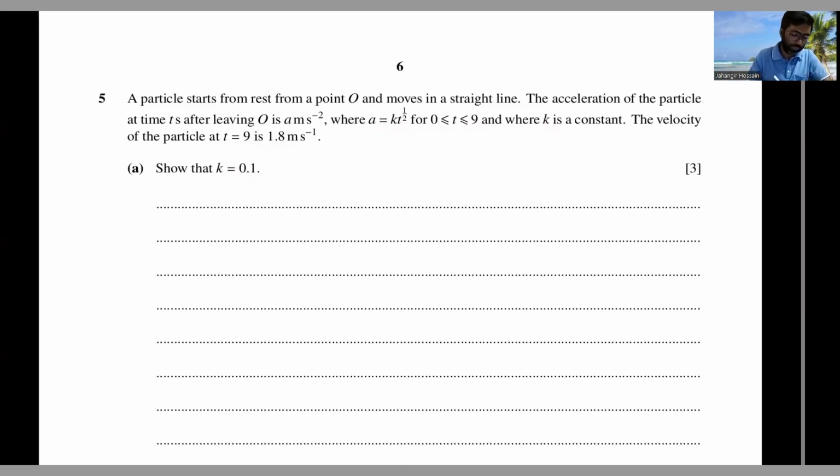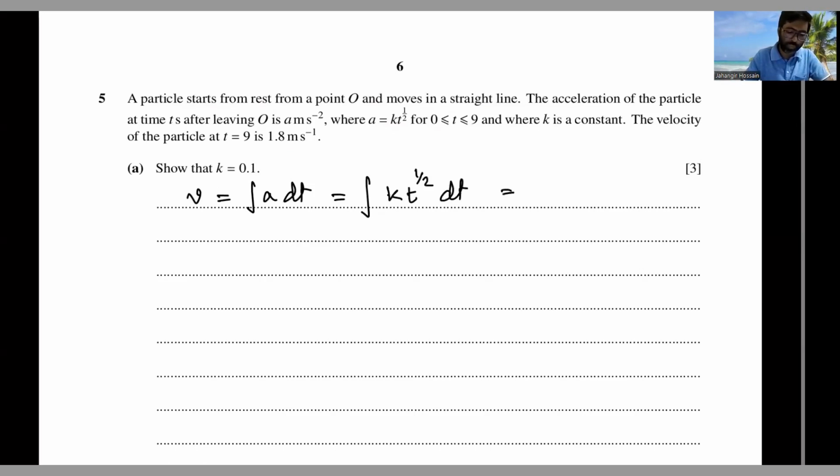So acceleration is given, so you need to find the expression for velocity, because the velocity at t equal to 9 is given. So v equal to the integration of acceleration, that is the integration of k t to the power half dt.